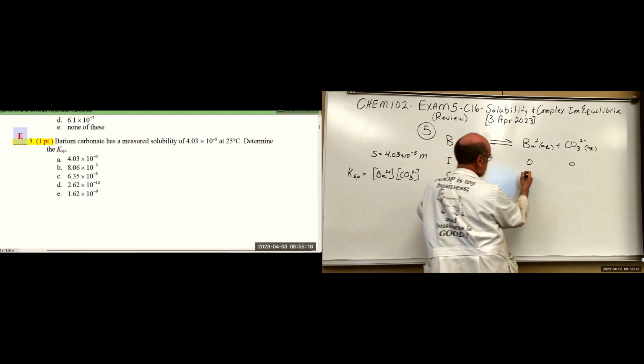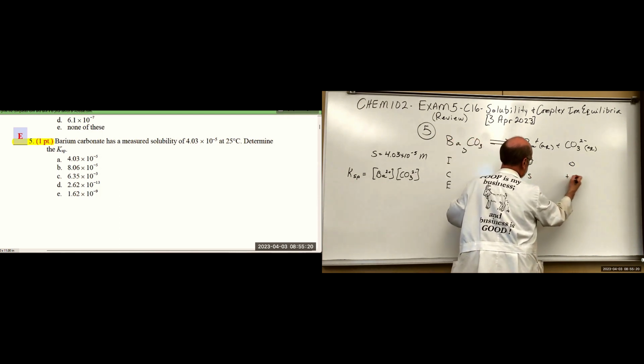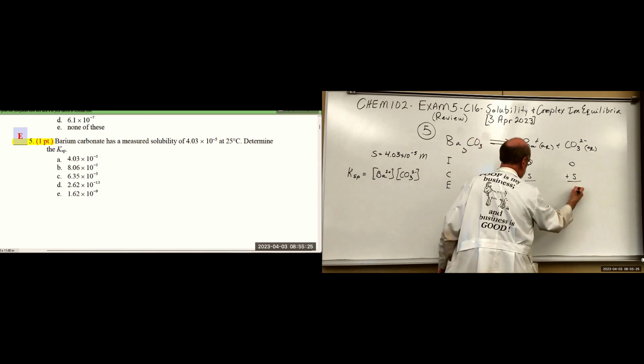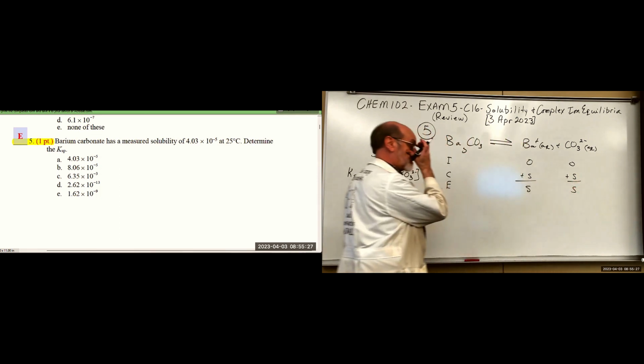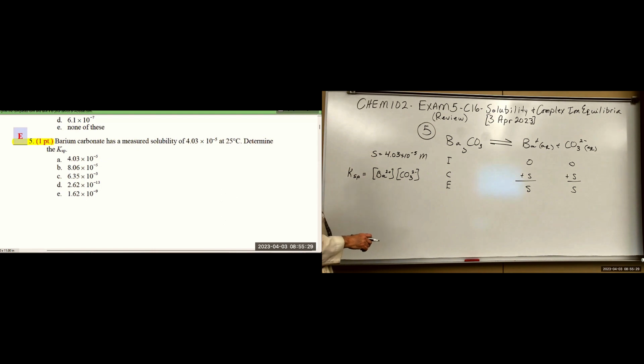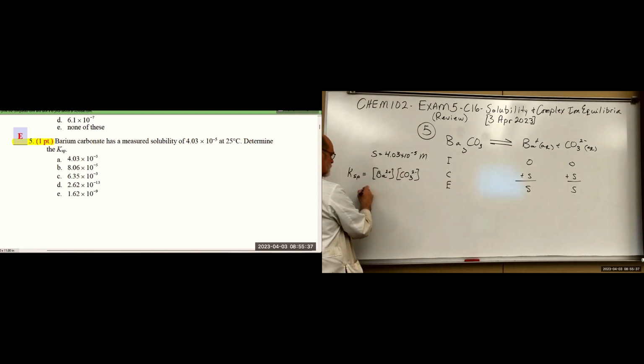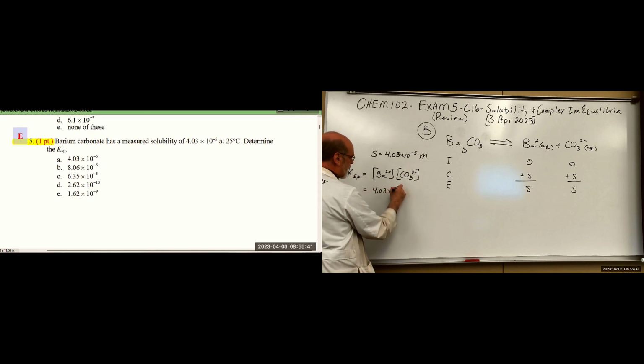And then we get a change of plus S and plus S. So at equilibrium, we have S and S. That simply means, and this is as simple as it gets, that that S is this S. So what we have here is 4.03 times 10 to the minus 5 squared, because it's 1 here and 1 here, times 2 squared.